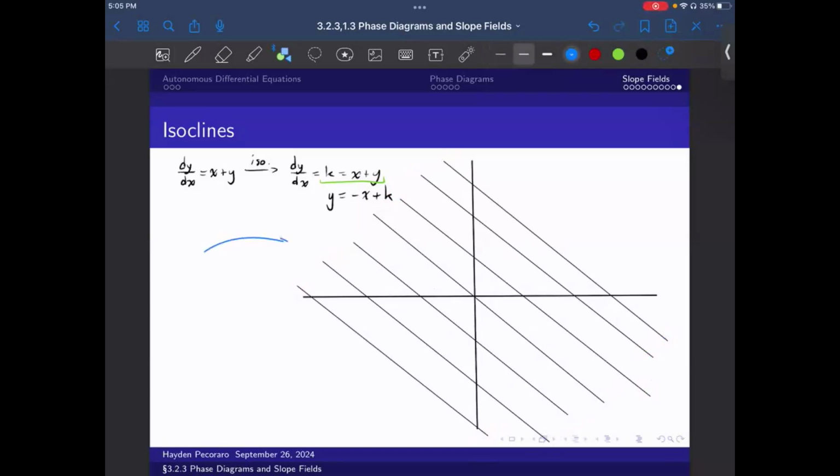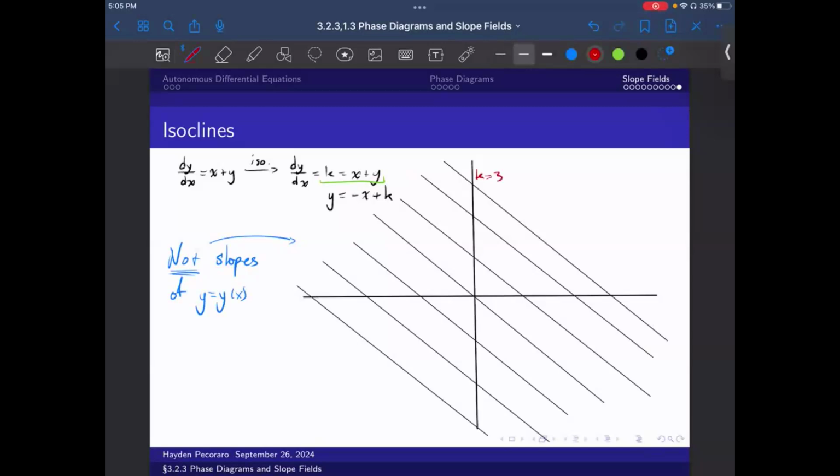So these are not slopes of y equals y of x. What I can do is I can pick one of these values, say maybe this is k equals 3 right here for this top line.